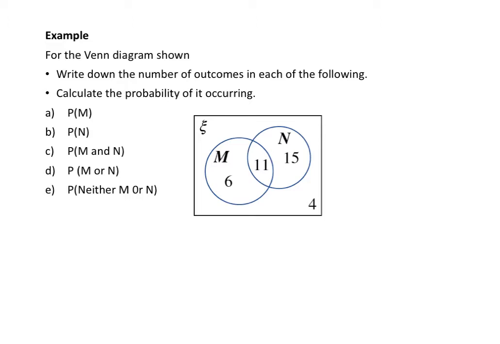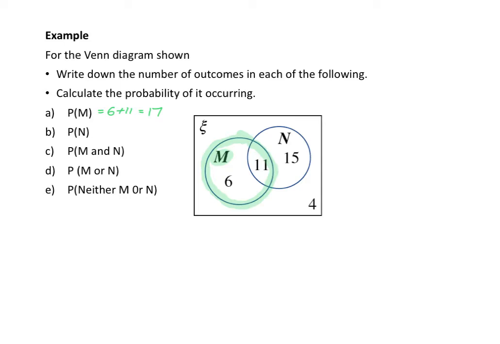So if we have a look at our M set, it is all the responses contained within that circle. And we can see that it is going to be equal to 6 plus 11, which is equal to 17. So a total of 17 responses within the M set.